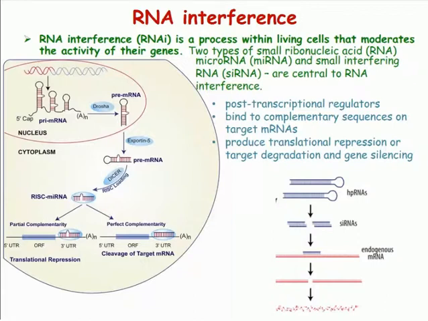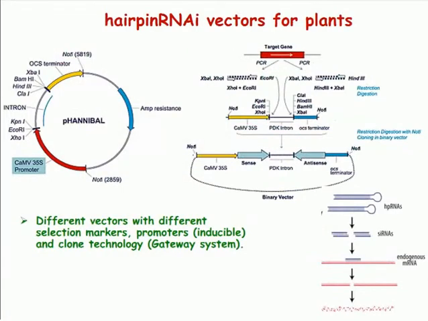Now, we do the same kind of thing with T-DNA plasmids where we can insert our hairpin-like sequence. Basically, we take the sequence of the part of the gene that we want to trigger for the RNA interference, which we call sense.